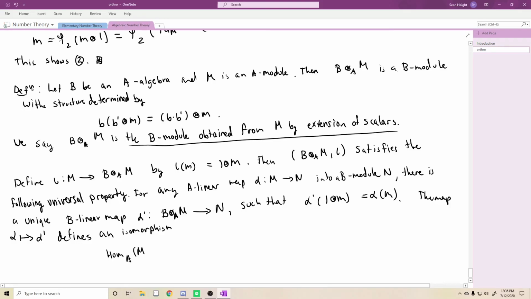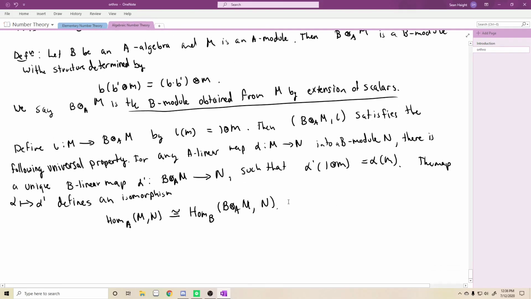So the A module homomorphisms from M to N, these are the same as the B module homomorphisms from B tensor A, the extension of scalars of M, to N. Okay. And you can prove this in a similar way to how you proved the proposition where this was bilinear maps and this was morphisms from the tensor product.